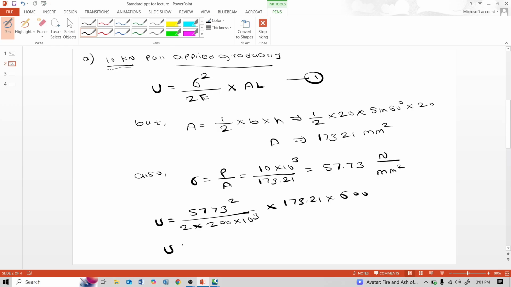So this strain energy is 57.73 square multiplied by 173.21 multiplied by 600 divided by 2 into 200 into 10 raised to 3, which is 865.89 Newton mm. In Newton meter it is 0.86589 Newton meter, and Newton meter is nothing but the joule, so 0.86589 joule.